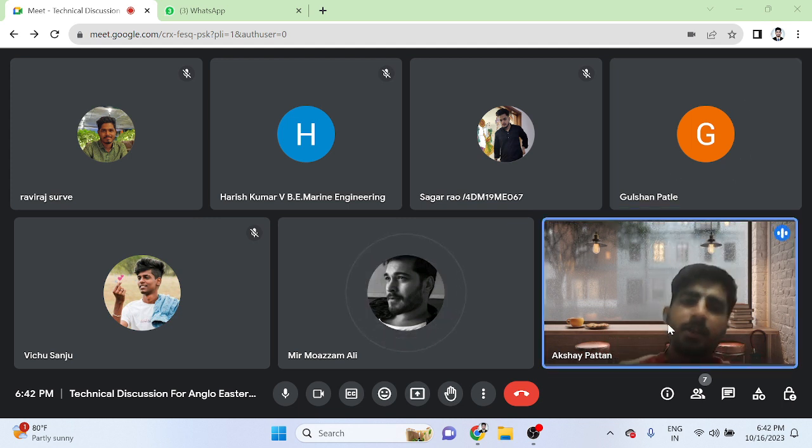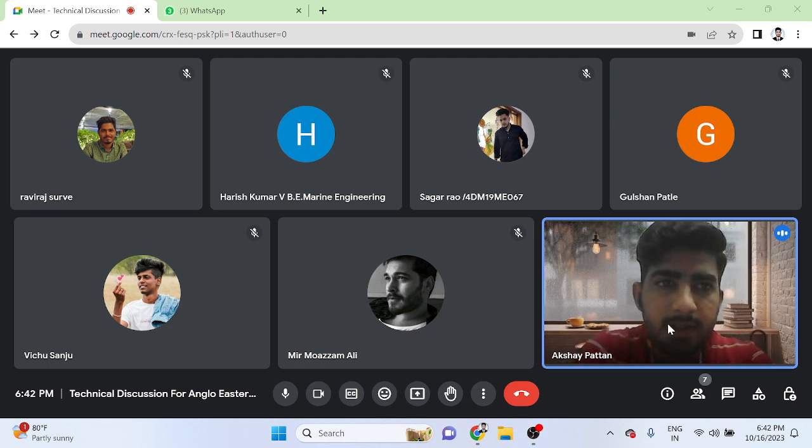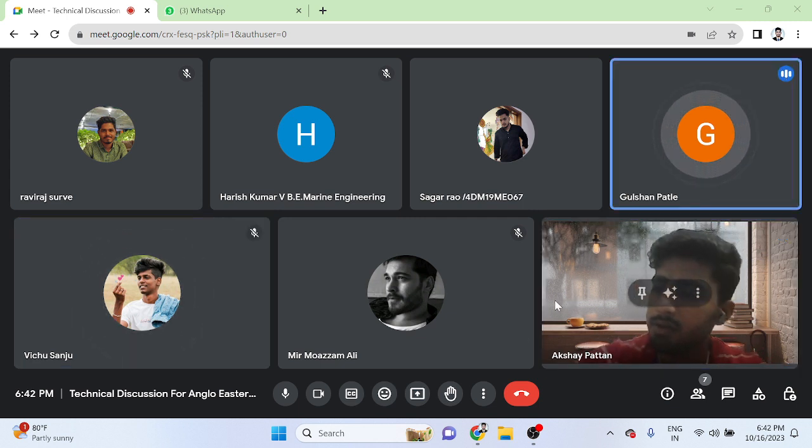We'll make a point on this and discuss it when we discuss IC engines. Today we are discussing centrifugal pumps, so we will stick to that. Any more doubts on the centrifugal pump, guys?